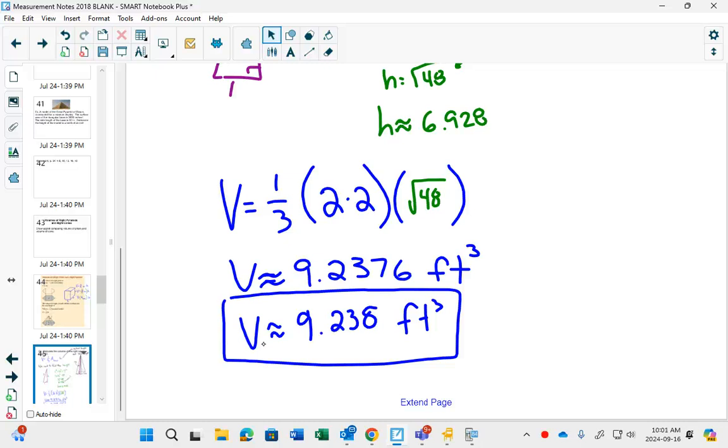So if the question said round to 3 decimal places, and you rounded early to 3 decimal places, and then kept working, you might have a chance that your final answer is slightly off. So the general rule is when we're working with math, we don't want to round until the end. So that's why I really like using the square root of 48.